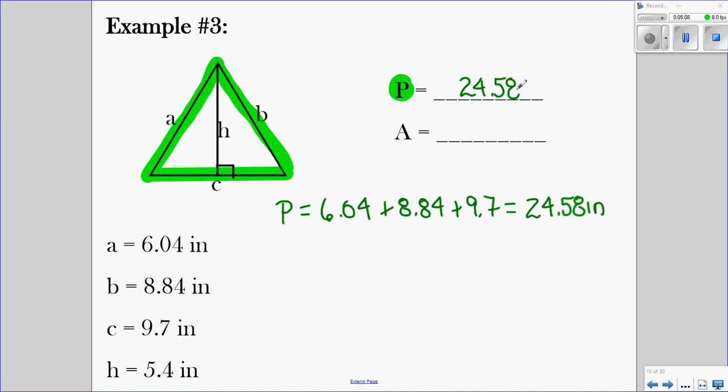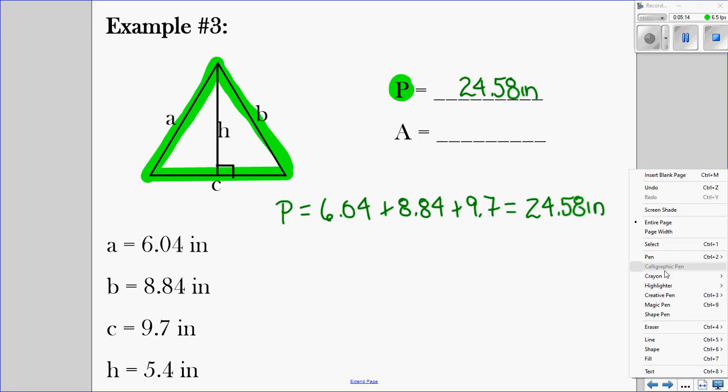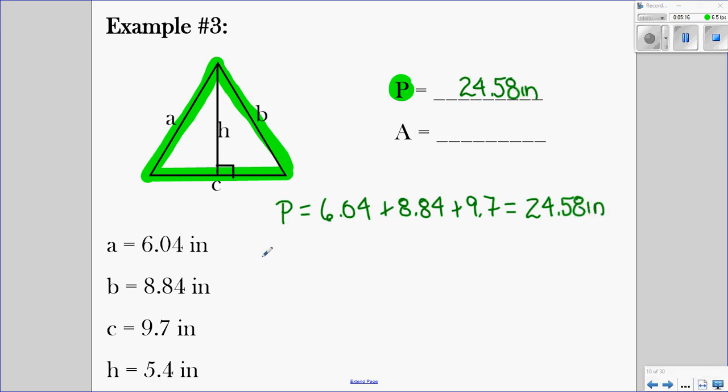For the area of a triangle, I'm going to use another color for that. I use blue. So the area for a triangle is half base times height. Sometimes the half gets ignored. Don't ignore it. For a triangle, there's a half in there. And they have the base.